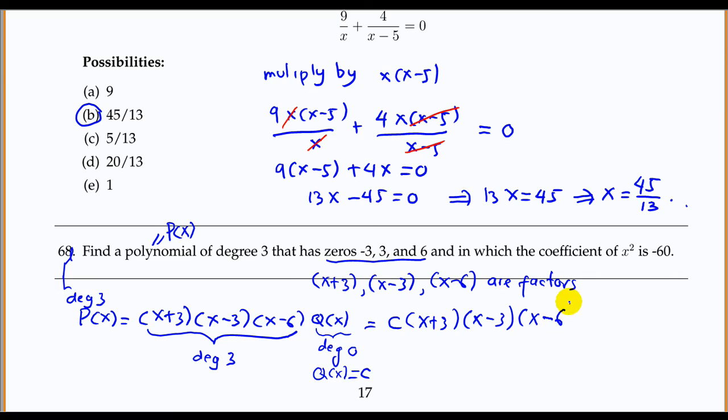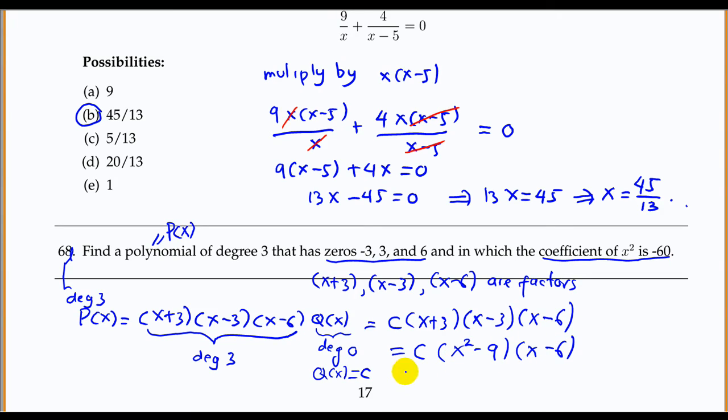Now we need to use this piece of information that the coefficient of x squared is -60. So we need to check what is the coefficient of x squared in this expression. So let us find out. So c, this times that will be x squared minus 9.